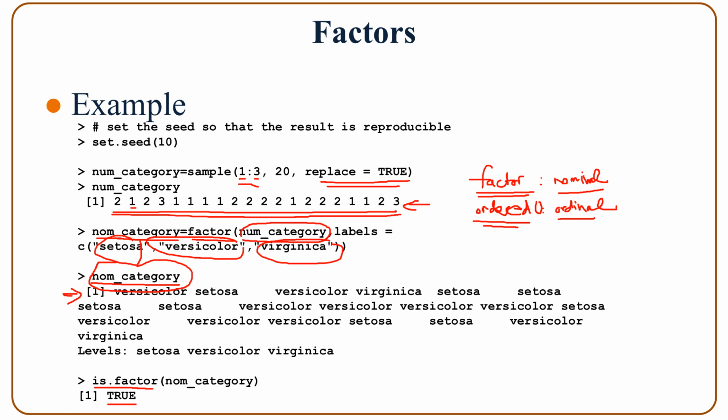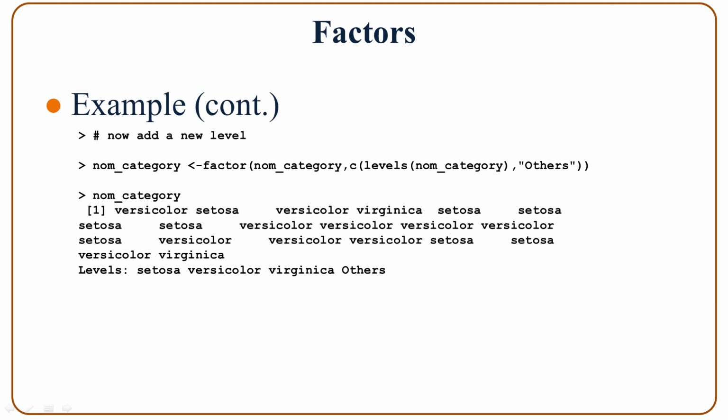So if you create a vector, you use the c function to create a vector with the existing levels, and you also add new levels in. And then again use the factor function, and the first parameter is norm category.